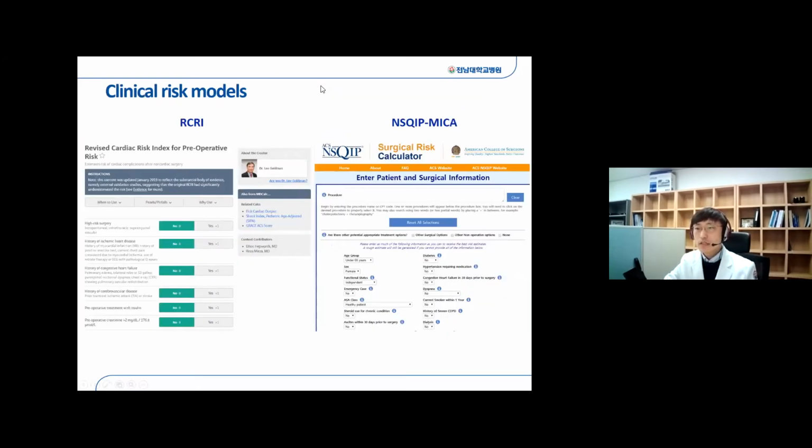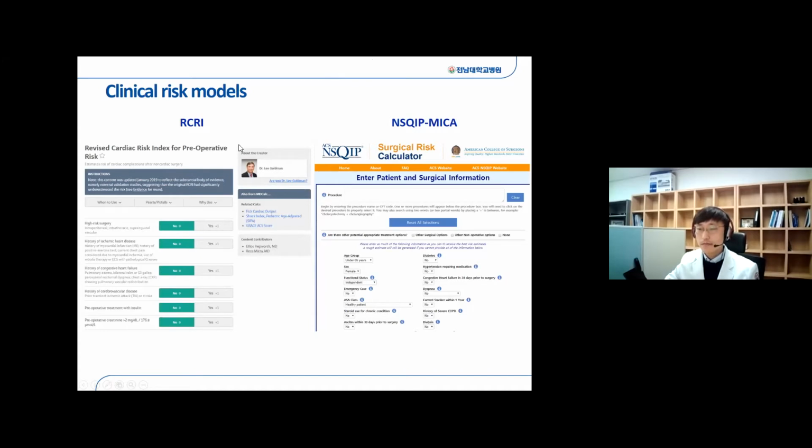Clinical risk models are commonly recommended for calculating preoperative risk using very simple and robust clinical risk factors and markers. Representatively, the RCRI on the left and ESC on the right are very widely used clinical risk calculators, and they even have web calculators.